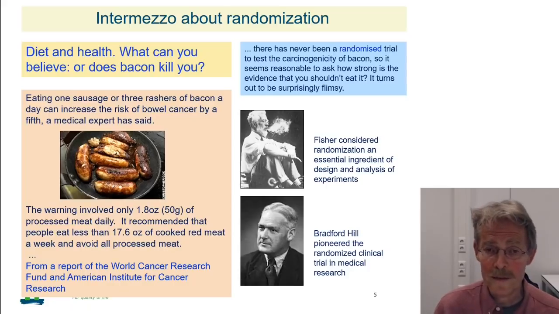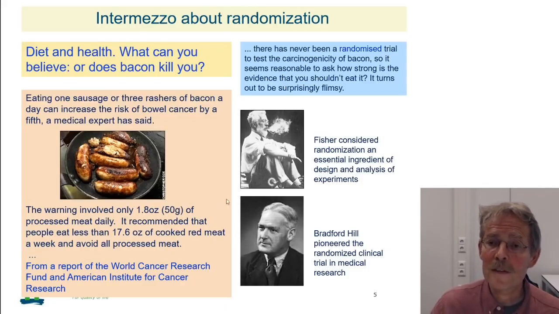Maybe the people that eat a lot of sausages and rashers take less exercise, less fitness, maybe they smoke more. So it's quite possible that at the end it's something else that is responsible for the higher incidence of bowel cancer. And the problem is, of course, that in such an observational study you cannot randomize.